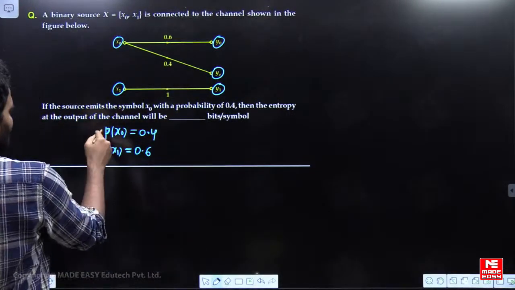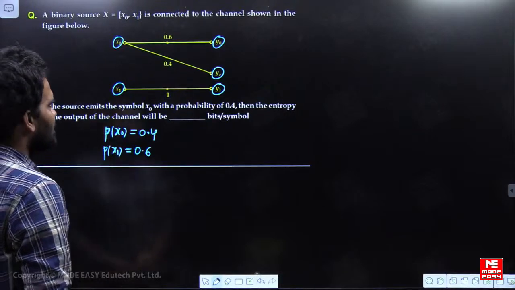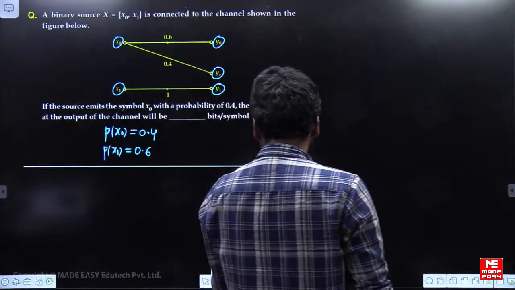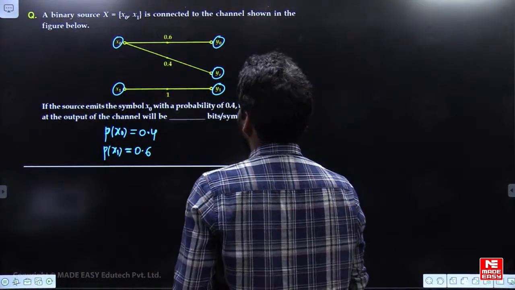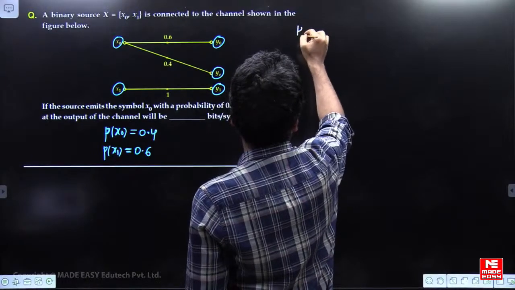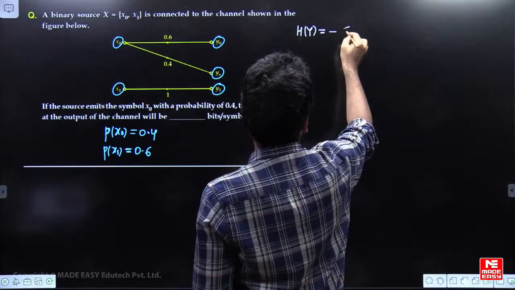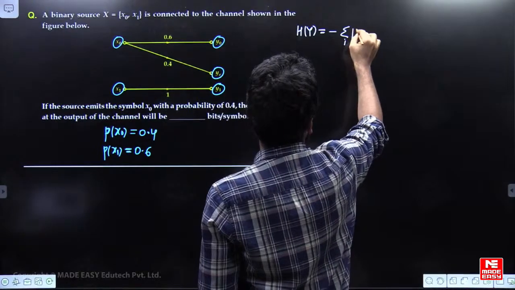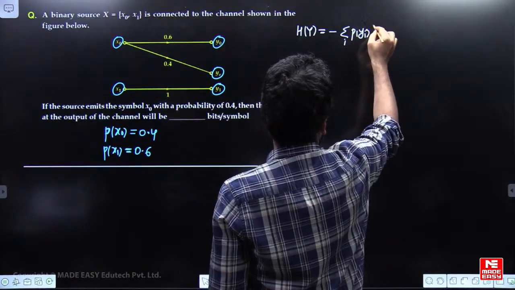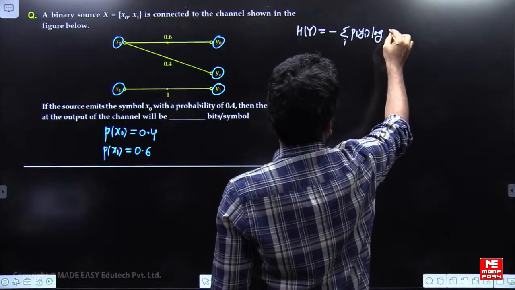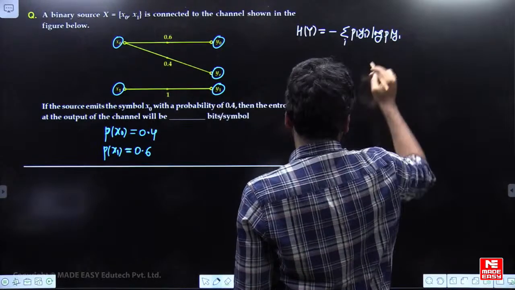Then the entropy of the output of the channel will be dash bits per symbol. So what is the entropy of the output? I am denoting it with H(Y). To find the entropy, we need the corresponding probabilities. So this is sum of P(yi) log P(yi).